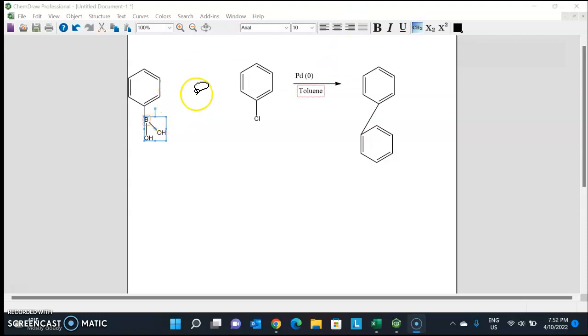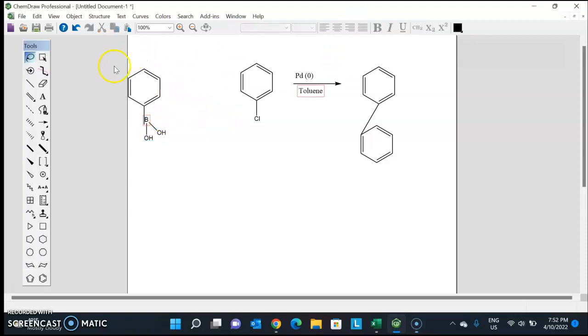We got to here, and now we're going to take our reactant and react it with our aryl halide. So this is going to do, once again, the exact same thing. This boron is going to get kicked out, this carbon and this carbon are going to form a bond, and the Cl will also be kicked out.